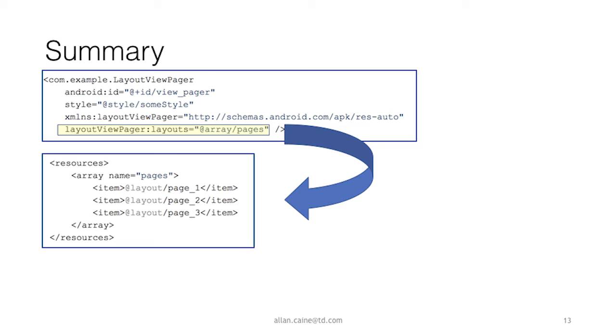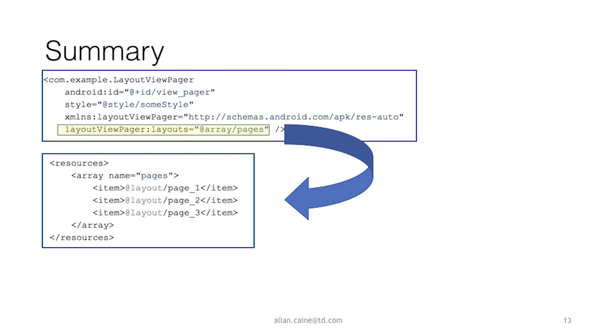First, put the layout reference to the LayoutViewPager wherever it's supposed to appear in whatever other parent container. And then make sure that this refers to an arrays.xml file, which in turn refers to all of the legitimate layout files which are defined somewhere else, which describe what needs to be shown.